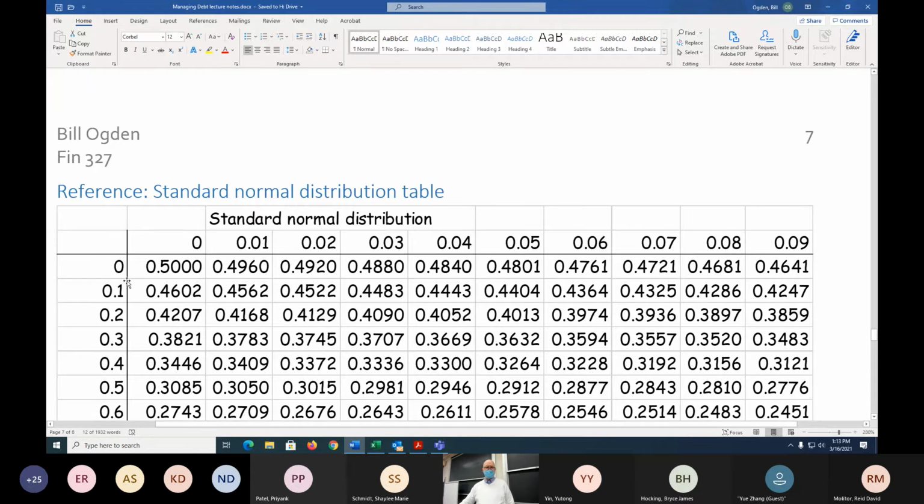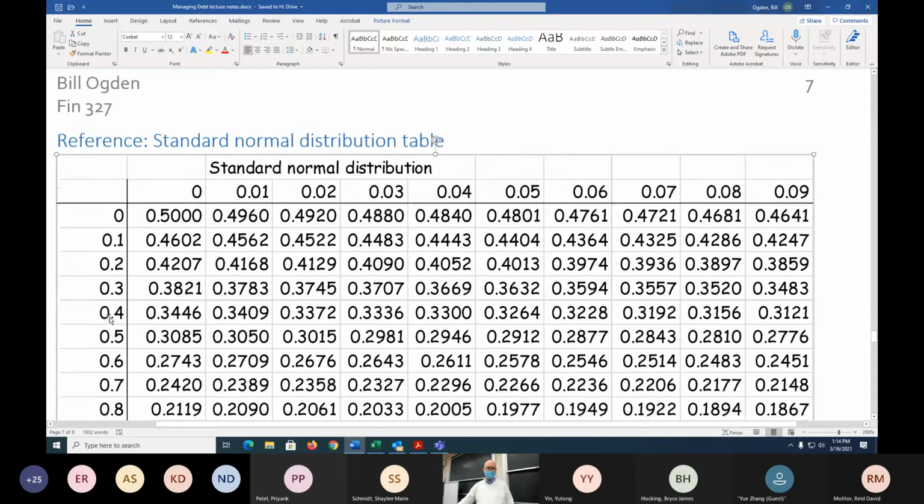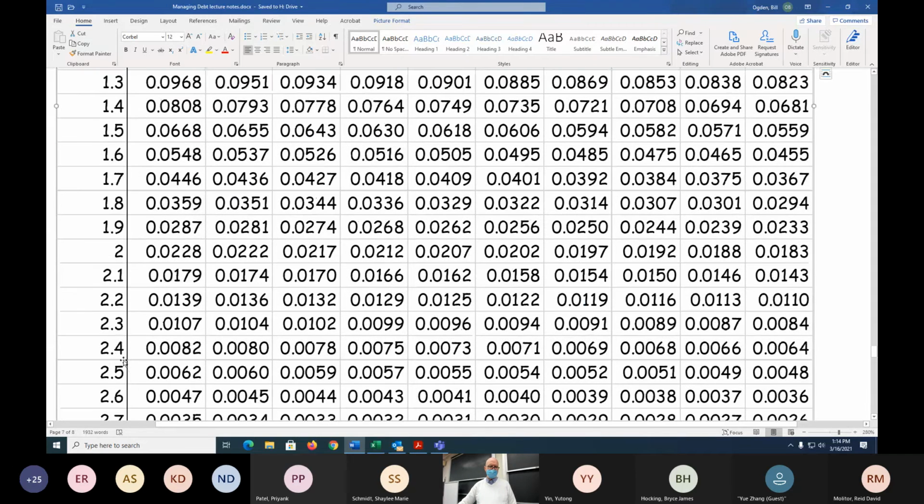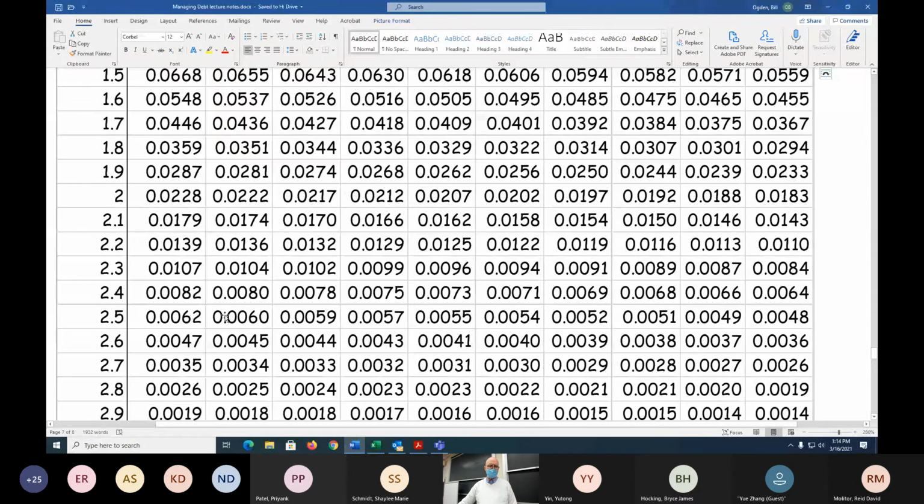Notice, if I am 0.0 standard deviations to the left of the mean, I'm on the mean, so the area to the left is 50%, half the table. Let's come down and see what's left in the tail once you go 2.53 standard deviations to the left. I come down here and find 2.5, then 0.03. So 0.0057. This is less than 1%, isn't it?